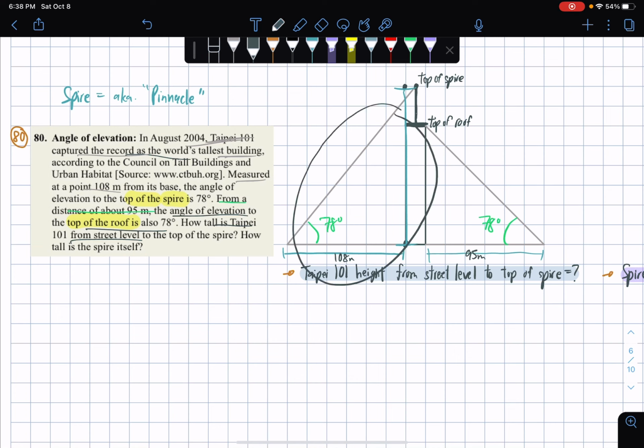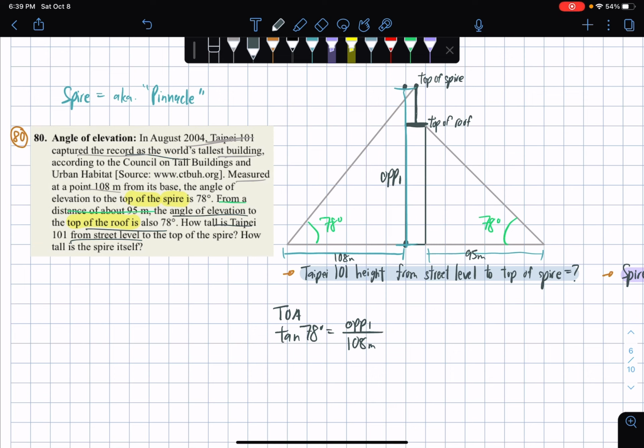So obviously we're going to use this triangle. It's basically TOA. Tangent 78 degrees is equal to opposite side, say this is opposite 1, divided by adjacent, which is 108 meters. Opposite 1 is equal to 108 tangent 78 degrees.